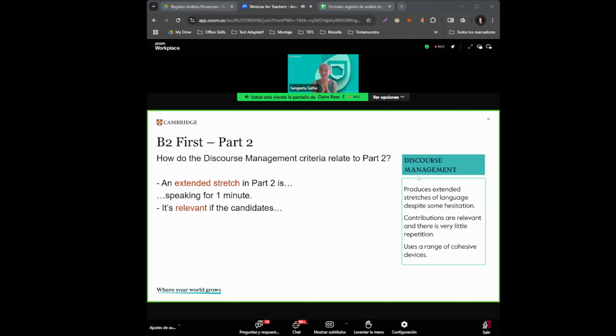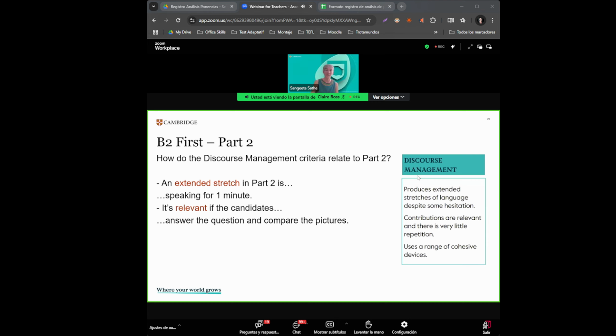I can see compare and contrast, compare the pictures, justifying, that's important. Yeah, comparing elements, speculating, absolutely. I think these are all really, really good ideas. So it's relevant if they answer the question and compare the pictures.